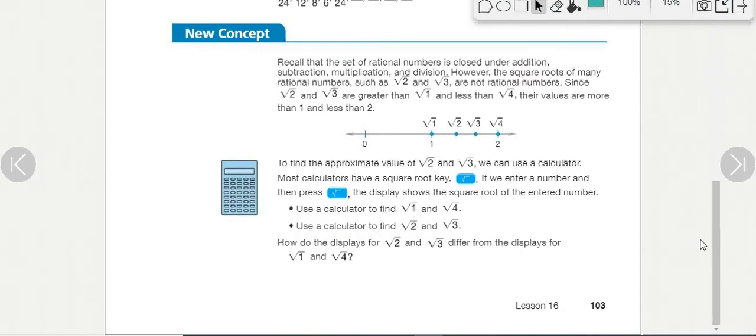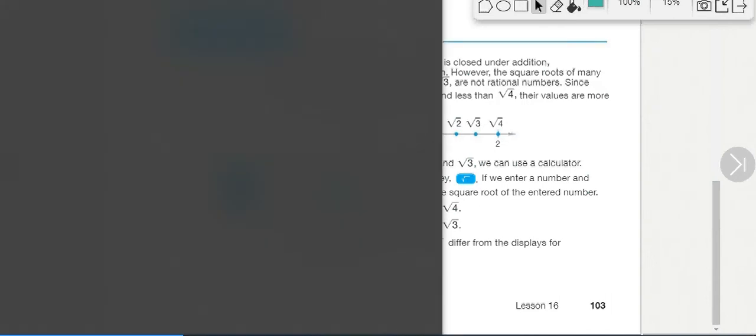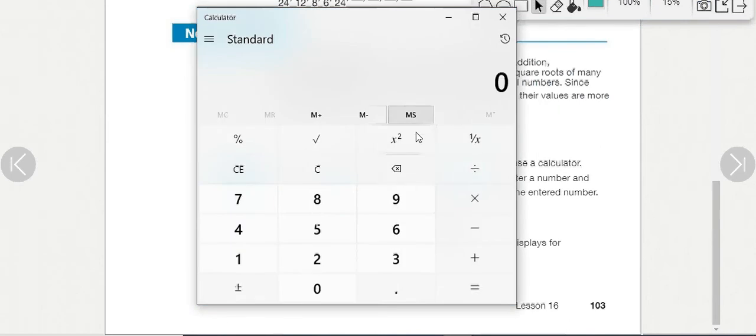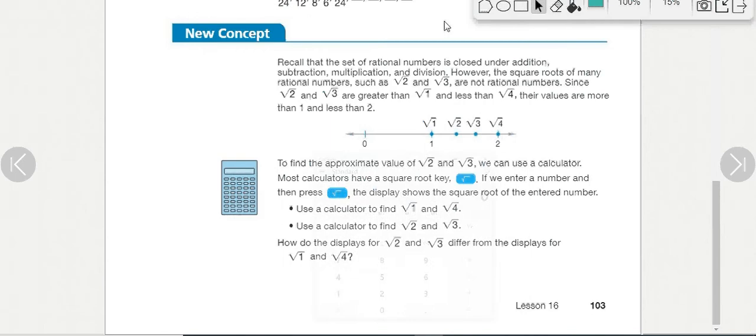Now, the reason we can put them on a number line is, I just typed in square root of 2, and it was 1.4 or something like that. So I know that the square root of 2 belongs somewhere between 1 and 2. So they show square root of 2, 1.4.